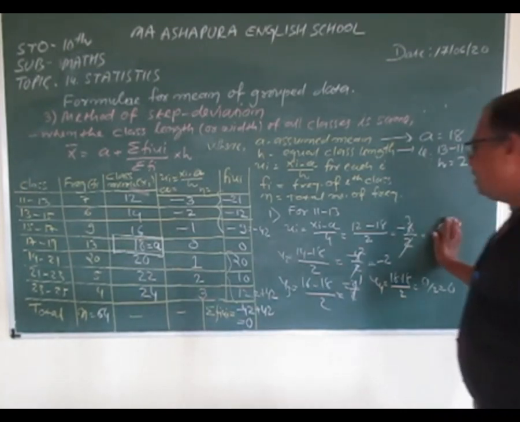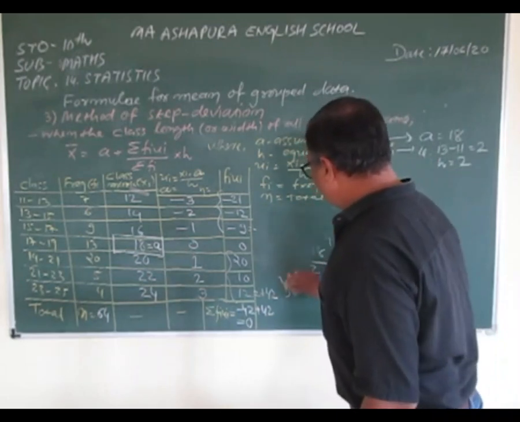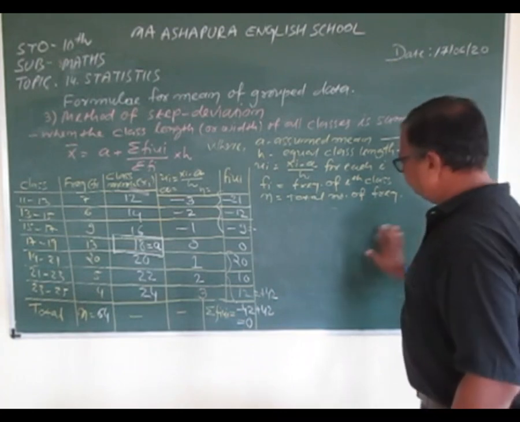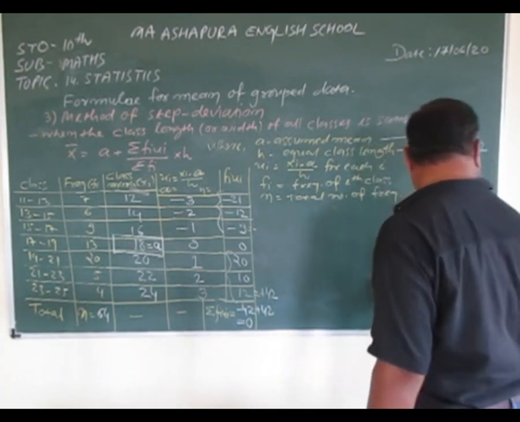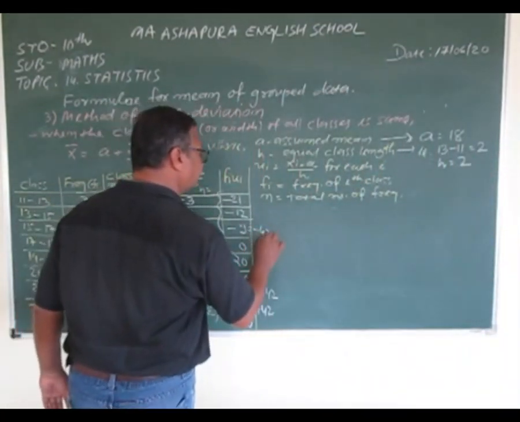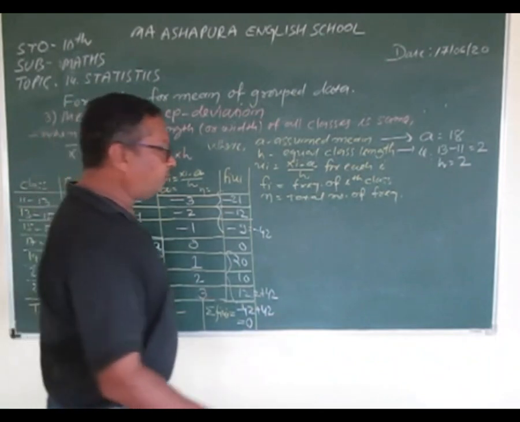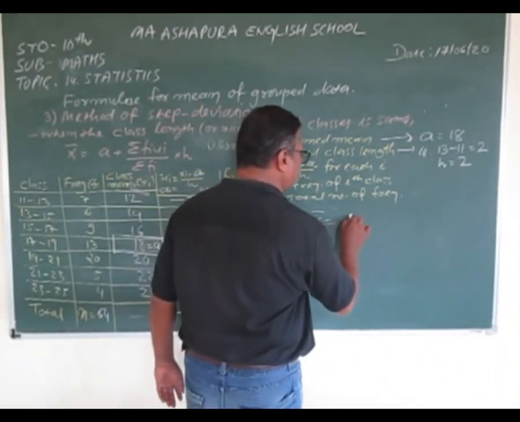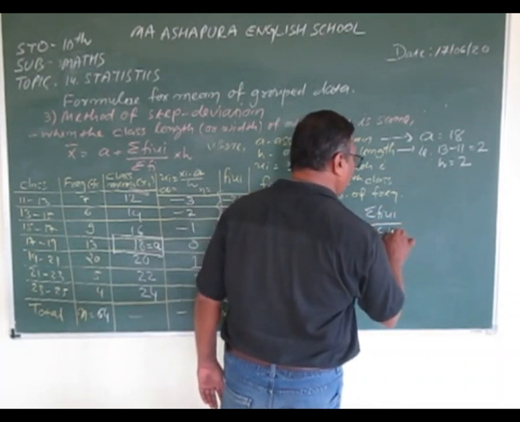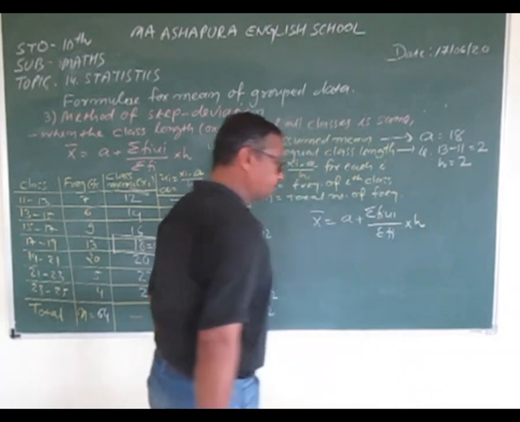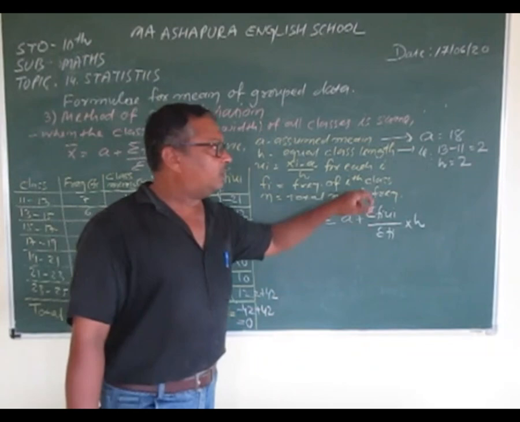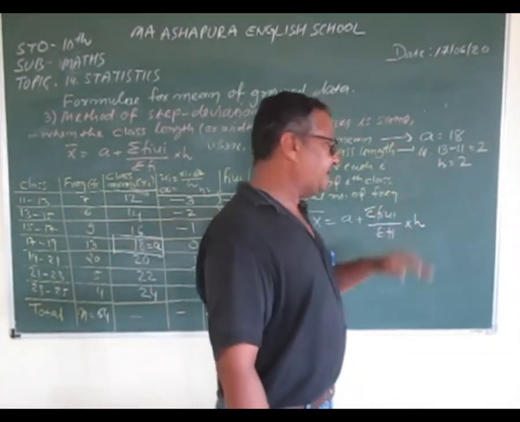Okay dear students, now we calculate the mean by using the step deviation method. First, write down the formula. x bar is equal to A plus (sigma fiui by sigma fi) into h. One by one. A means assumed mean. Here we select the assumed mean as 18.